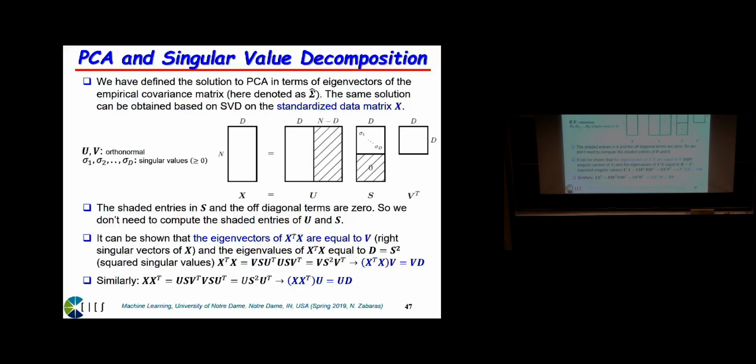Now, why do I care about the singular value decomposition and how is it related to PCA? Here's the idea. Well, you tell me, what's the idea here? When we do singular value decomposition, say D is very high dimensional, and you want to do some lower-rank approximation of this matrix, what can you do with this decomposition?